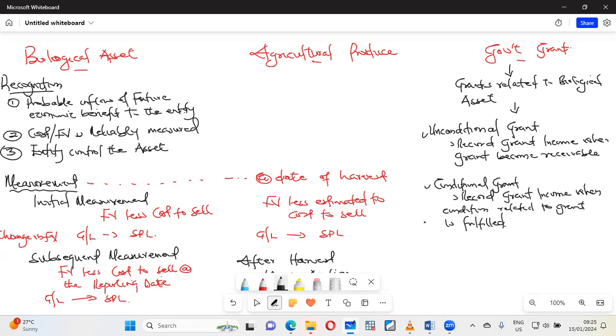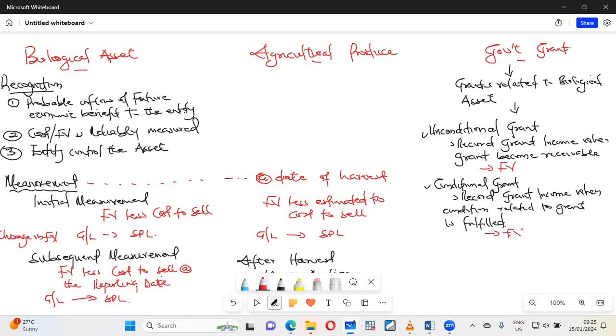So how much are you going to record? You are going to record the fair value. All right. You measure the grant at fair value. So here you measure it at fair value. All right. So you record the amount. This side you record it at what?